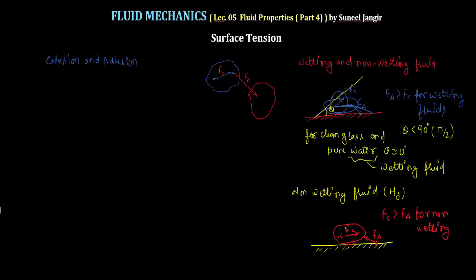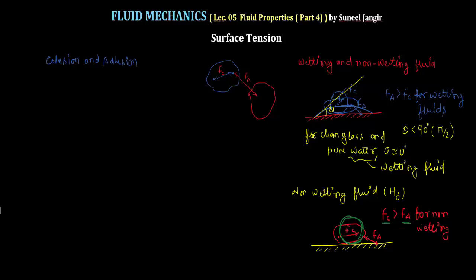That's why this fluid will try to contract itself. It will not spread over the solid surface. After some time the shape of this fluid will look like this. It will not wet the surface. It is a non-wetting fluid, so cohesive forces are stronger than adhesive forces.